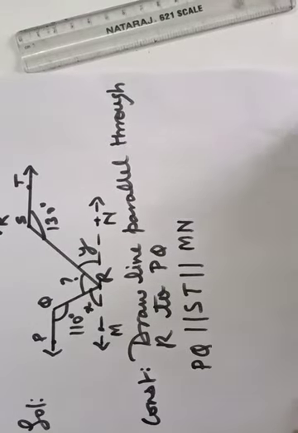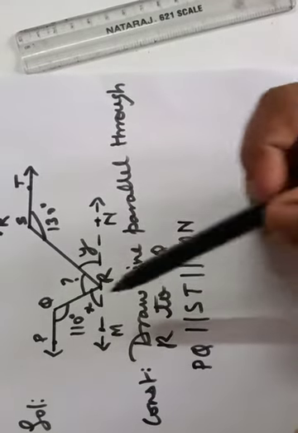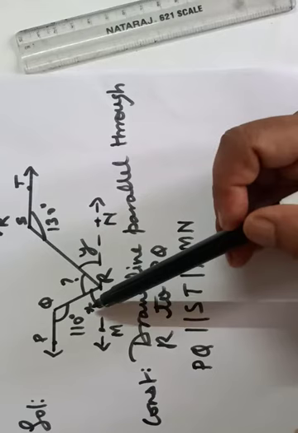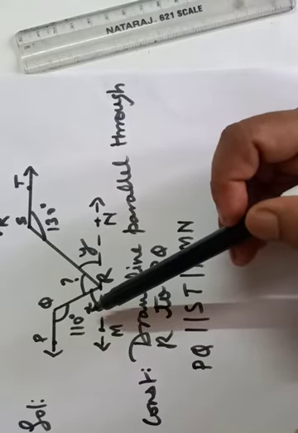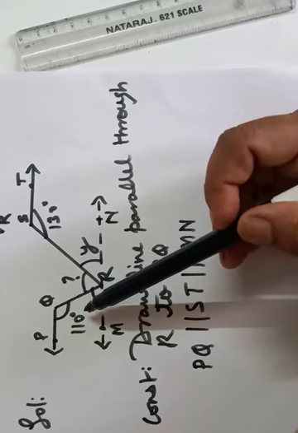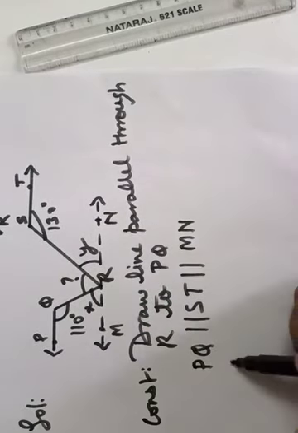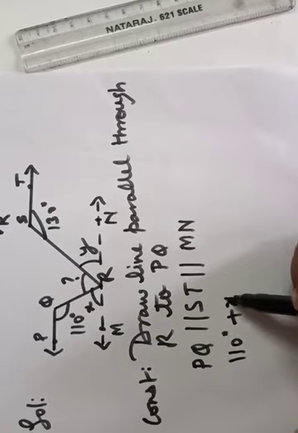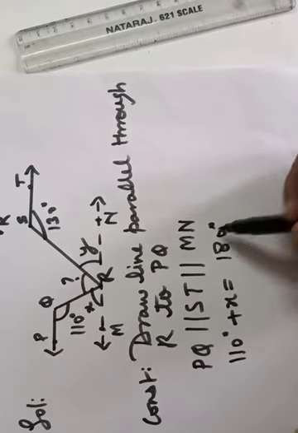Yes. Now this angle 110 and X both are co-interior angles, and in parallel lines the sum of co-interior angles is always supplementary. Yes. So 110 degree plus X is equal to 180 degree.